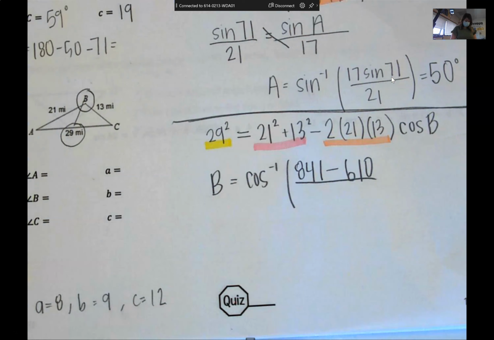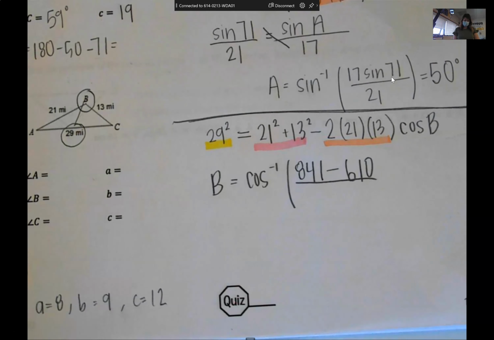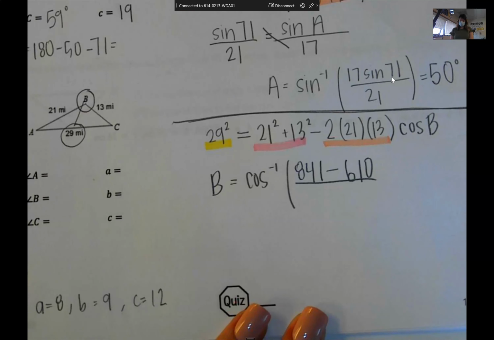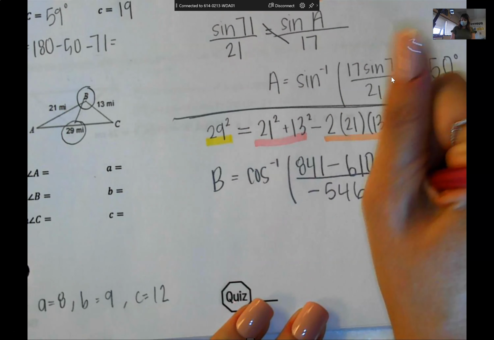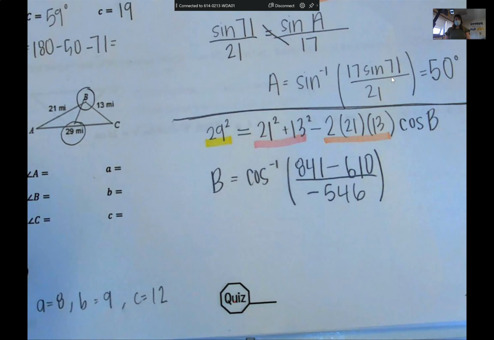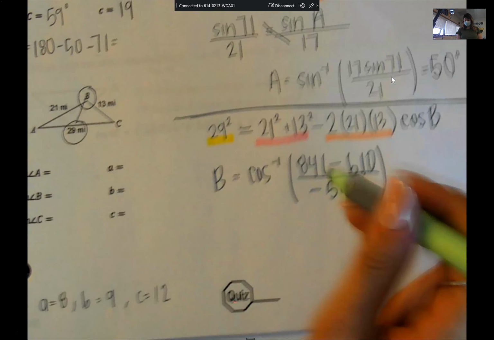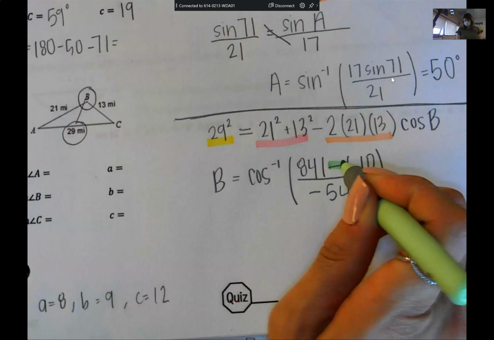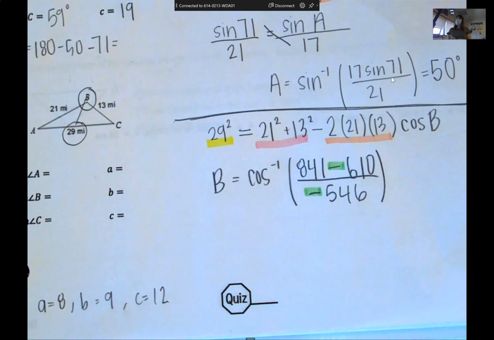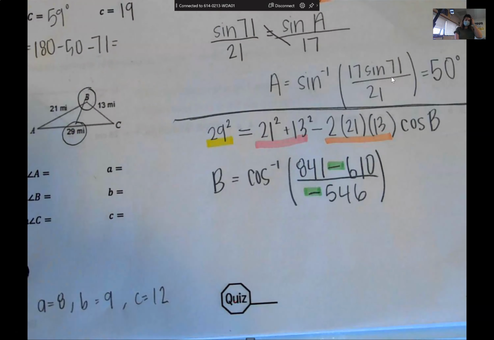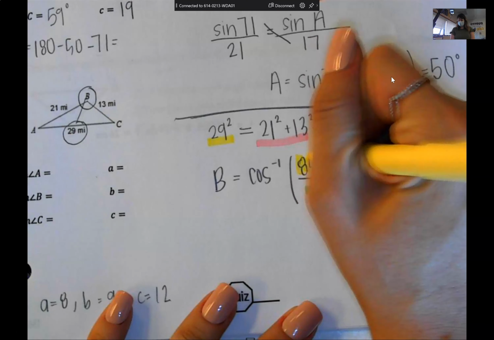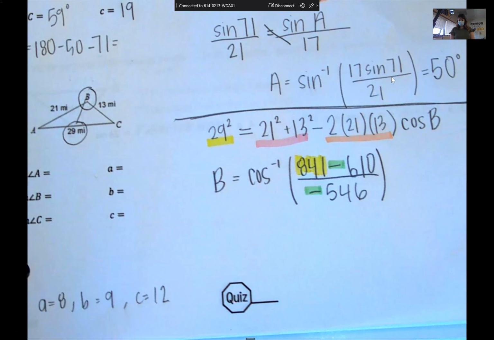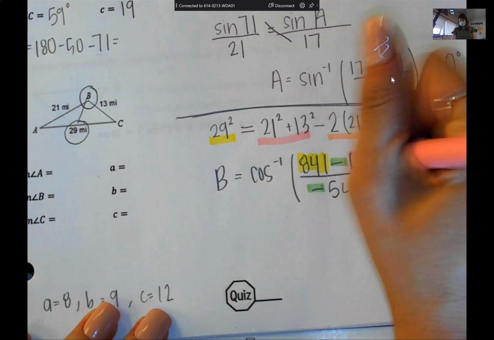Over 2 times 21 times 13, I'm getting 546. And it's negative. Somebody's going to want to double check me on those numbers. So I have my two negatives, and then I have my numbers written down in the order that I highlighted them above.